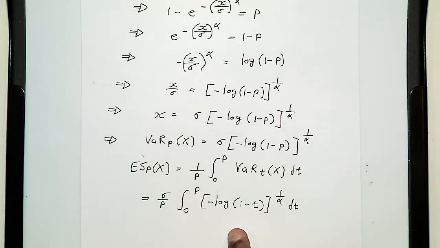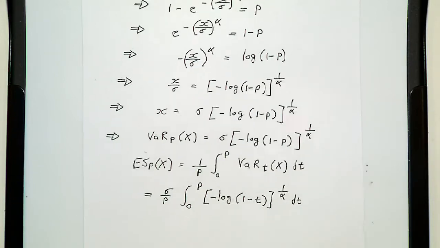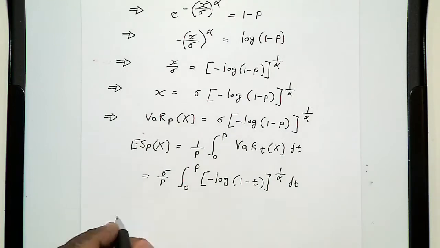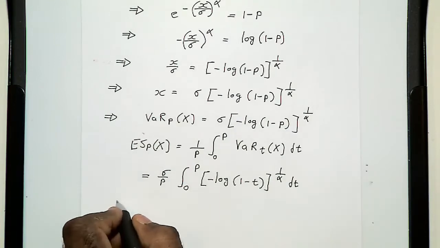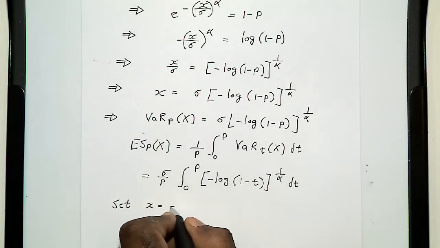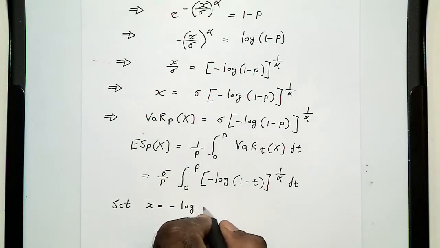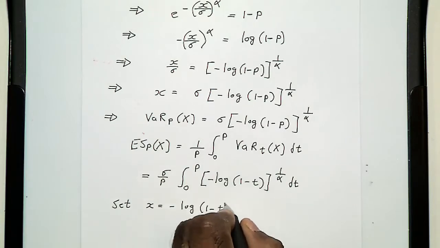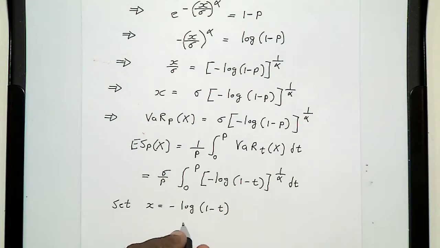Now, once again, you need a substitution. The obvious substitution to make in this case is x equal to minus log of 1 minus t, right?